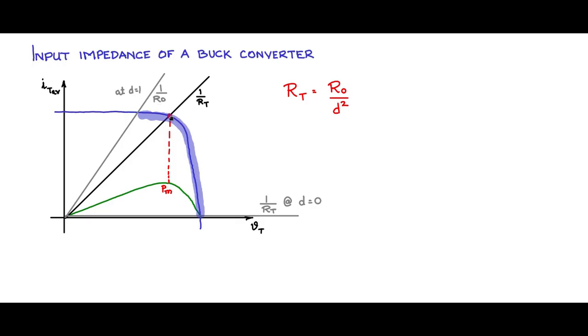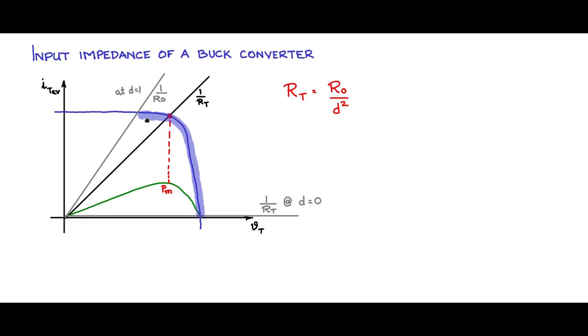Now here in this figure, you see that this line which results in the peak power, the peak power operating point, lies in the zone of operation of the buck converter, which means this peak power operating point is reachable by the buck converter.